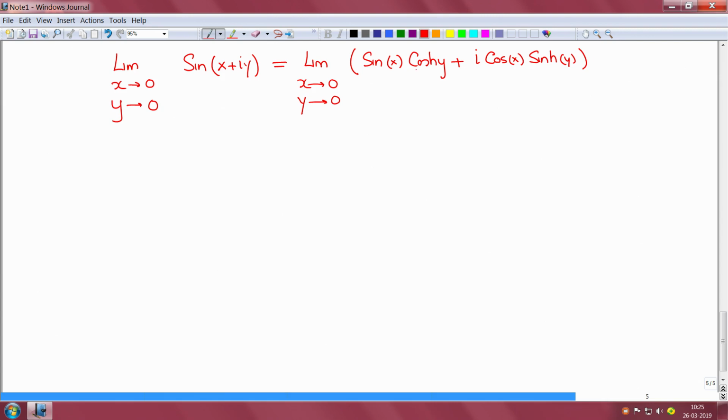Okay. These are some functions one has to be familiar with. Hyperbolic cos and hyperbolic sine.